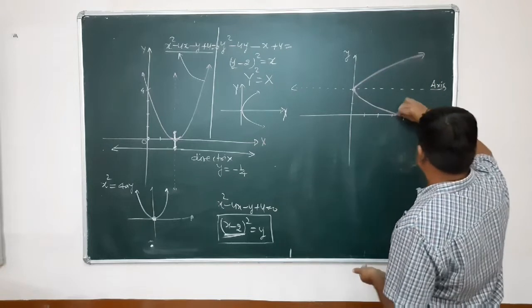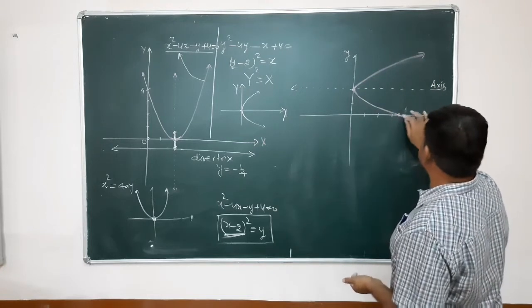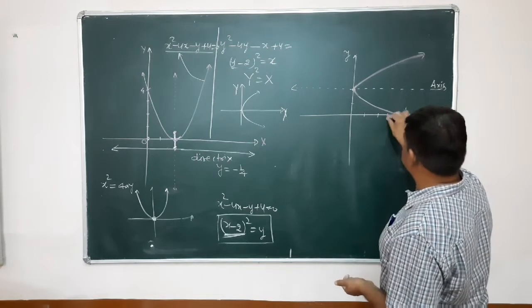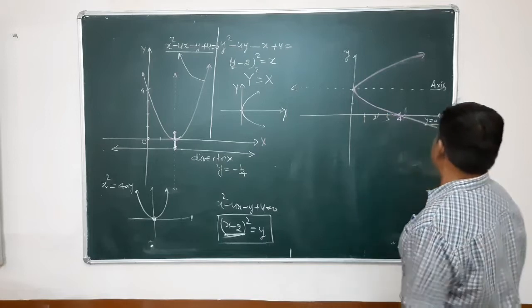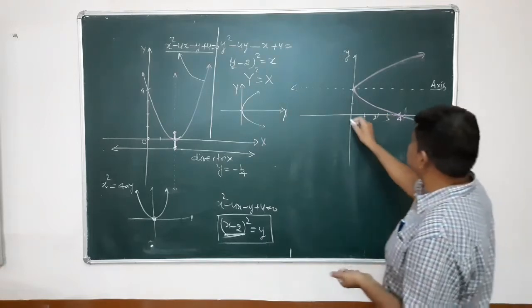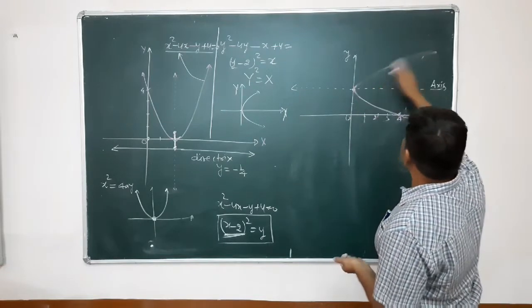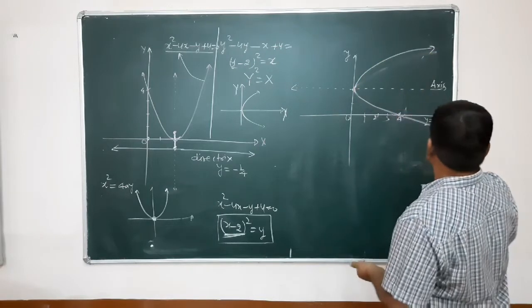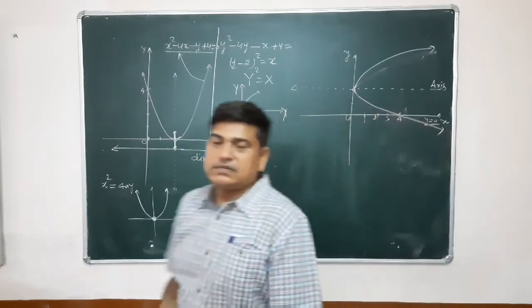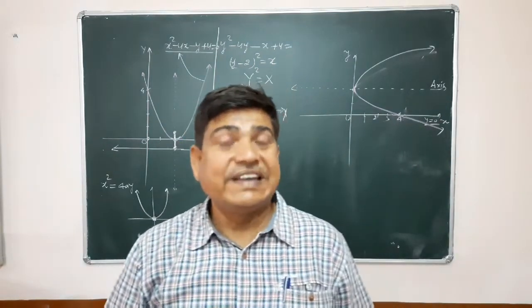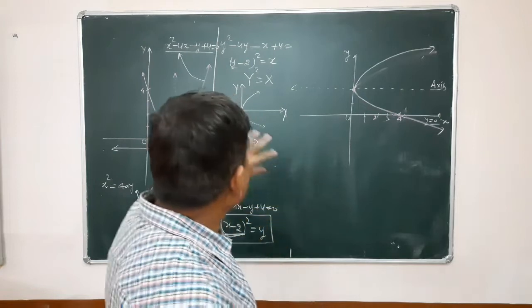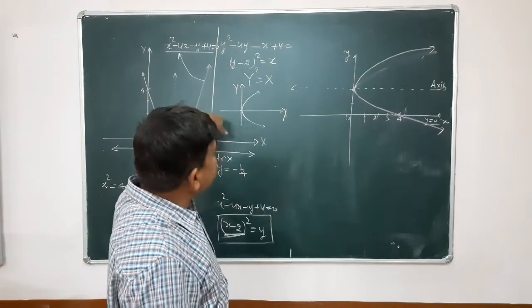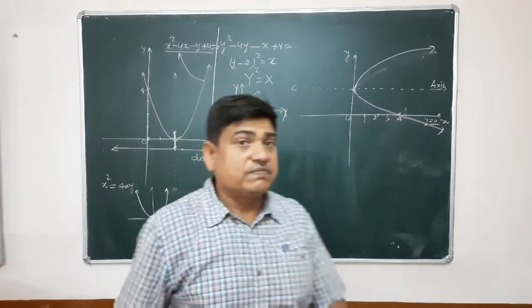This is 4, 3, 2. So this is a shortcut. This is the technique to draw the graph of the equation of a parabola if it can be reduced into the standard form.